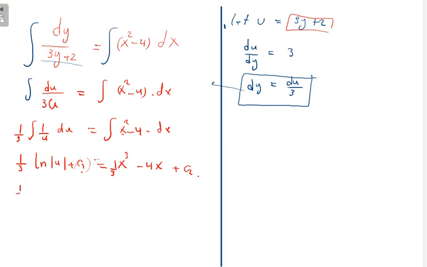Okay, now 1/3 ln the absolute value of u equals 1/3 x cubed minus 4x plus c3.